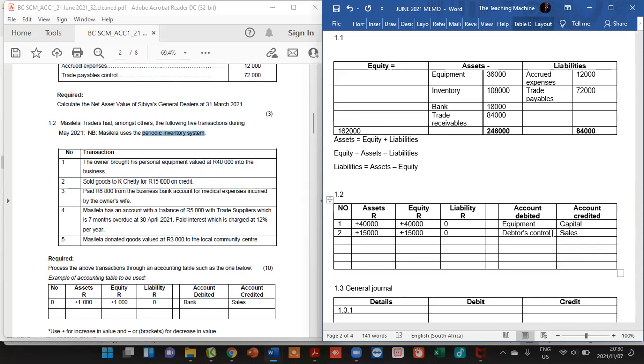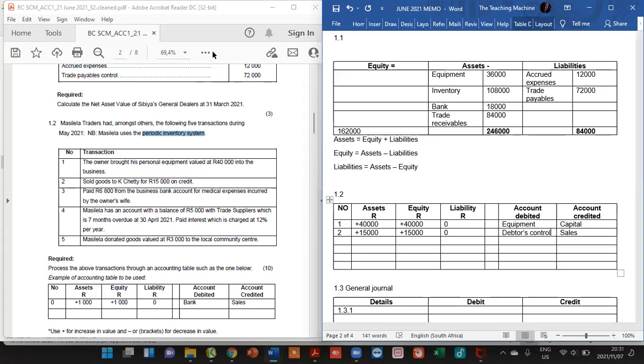Sales represent the amount of goods sold during the year. Sales is an income account and income accounts increase on the credit side. So if our sales increases, we need to make an entry on the credit side. Sales is an income account and all income accounts increase on the credit side. So if we look at the equation, it balances.